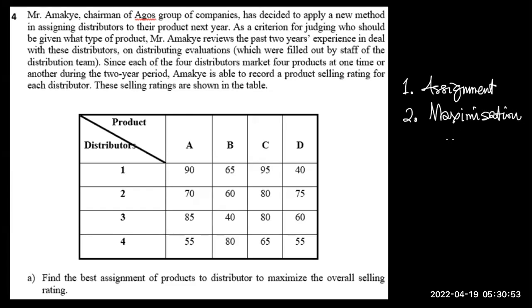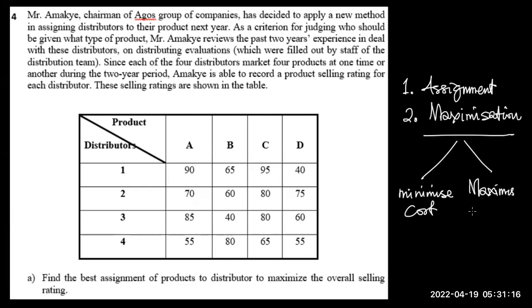Take note that any time you are assigning, you either minimize costs or maximize. Remember, if the problem is about cost, you're supposed to minimize. If it's about profit, what do you do? Maximize. So here, this is more about profit, right?